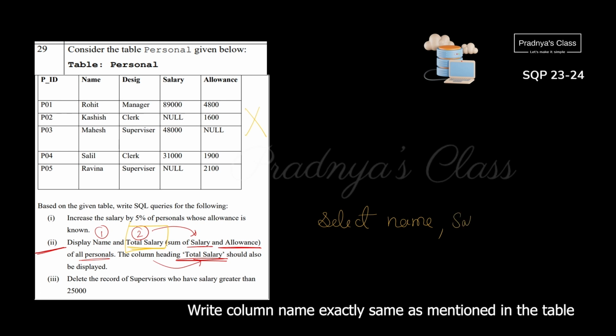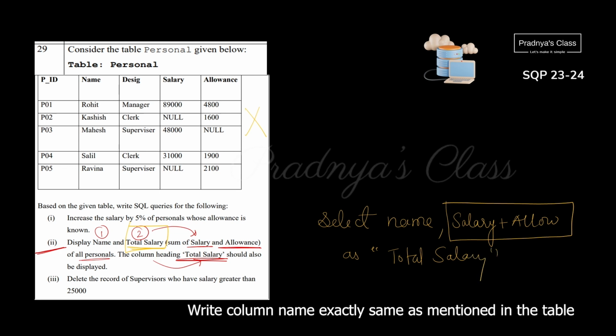It will get calculated here itself. We need to write salary plus allowance. While displaying, we need to give a name to this column. That we will be doing with AS. The name is total salary. Finally, we will be writing the table name: from personal. So here is the query.